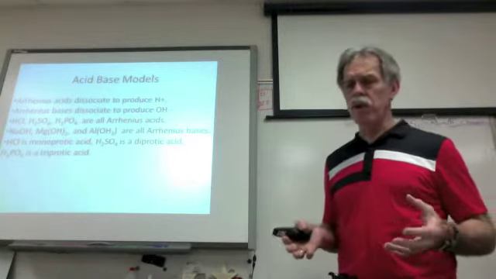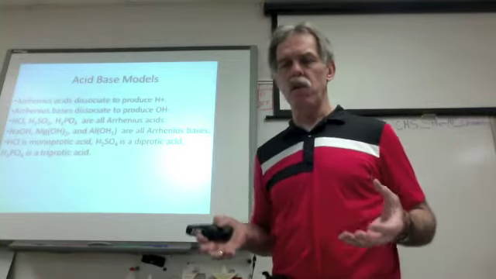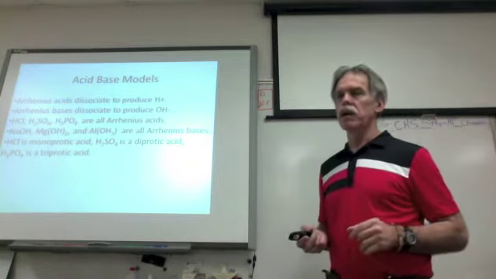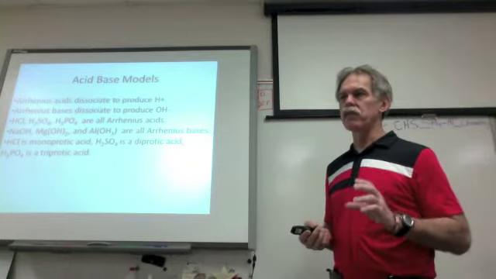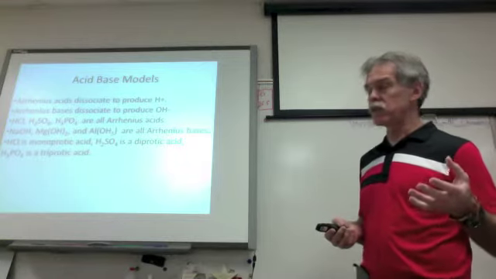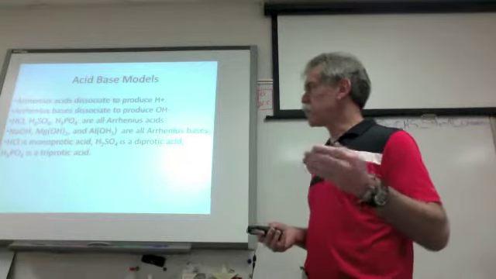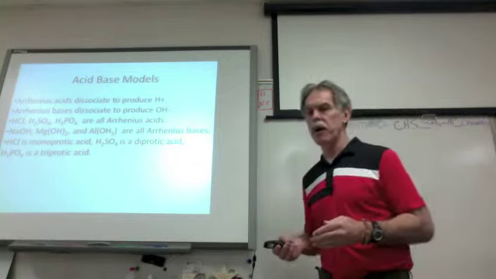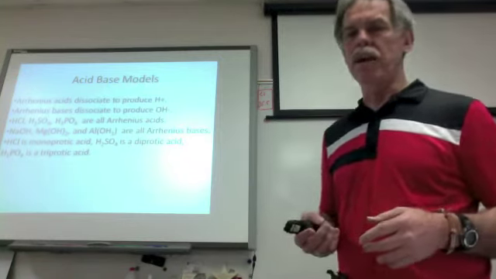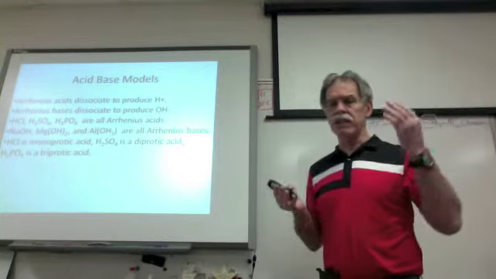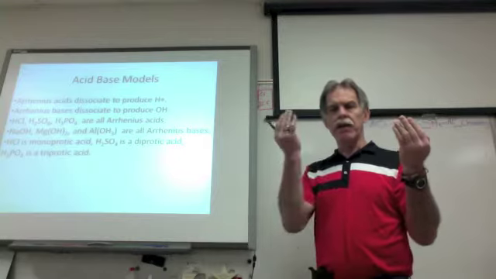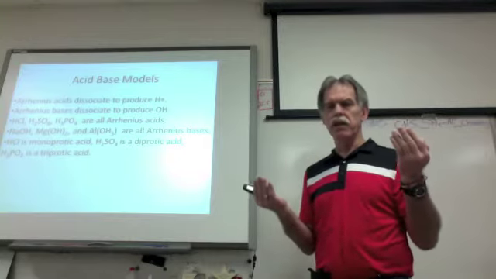Bases don't have any different name than you would normally see, and yes, bases are just as dangerous, but they don't have special names. So examples of bases: NaOH, which is sodium hydroxide, Mg(OH)2, which is magnesium hydroxide, and Al(OH)3, which is aluminum hydroxide. Notice that we just say the first positive ion name and then the hydroxide.